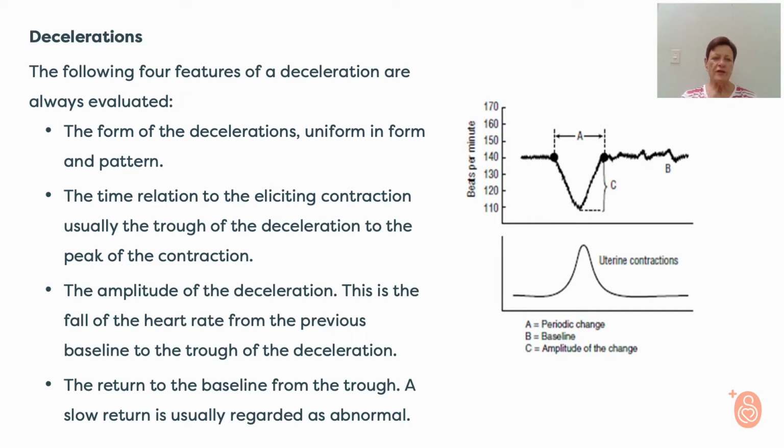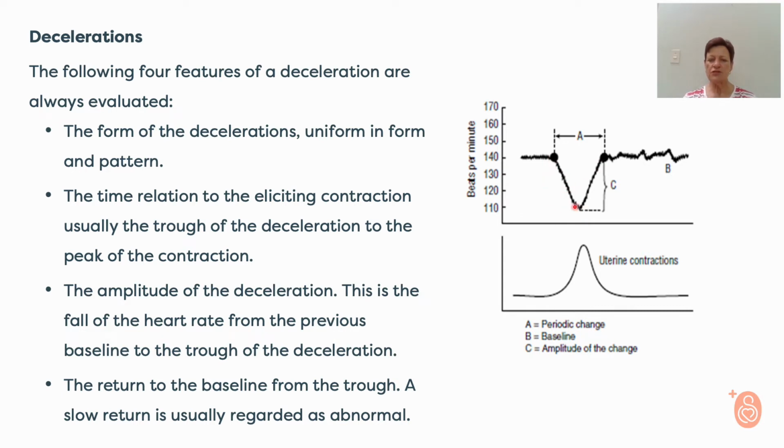Now, whenever we look at a deceleration, and it doesn't matter which one of those three it is, there are always certain characteristics of the deceleration that we look at, because that gives us an indication of how serious or not the deceleration is. First of all, we look at the form of the deceleration. In some cases, the form is a sharp form like in here.